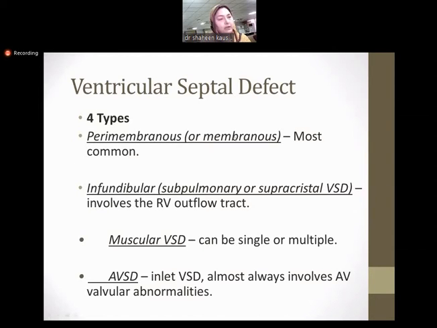The membranous is the most common. Infundibular involves the right ventricular outflow tract, and the muscular can be single or multiple small holes. The inlet ventricular septal defect almost always involves atrioventricular valvular abnormalities.